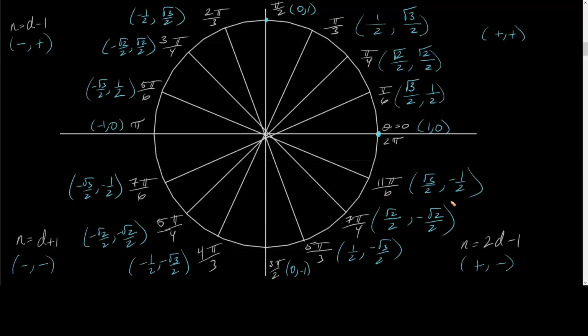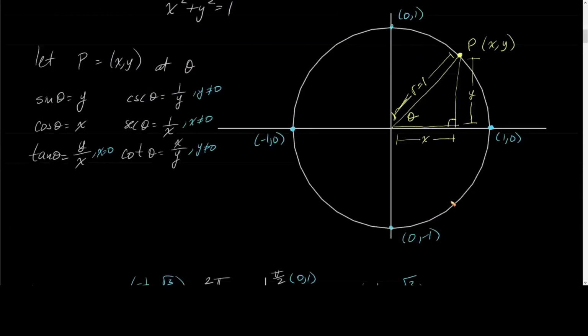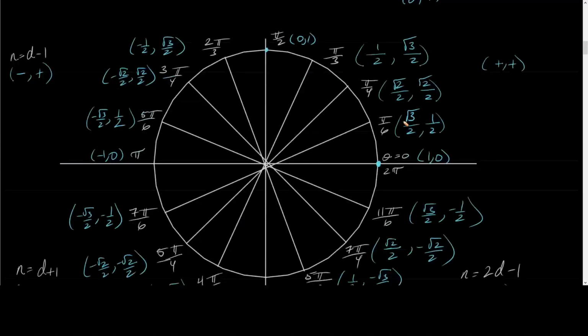One last thing I want to say about this unit circle. Well, actually there's a couple of points still. One of the other things I want to say about this unit circle is, what do all these represent? Well, if you recall this statement over here, we had that sine theta is equal to y when we had the unit circle here, right? So the y value is sine.